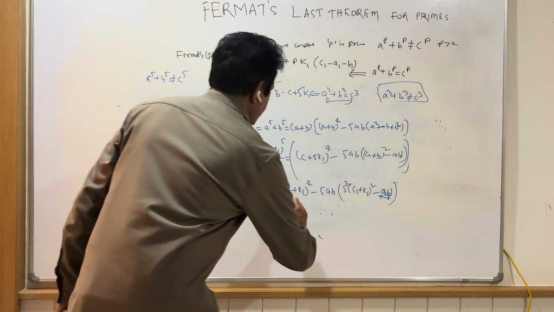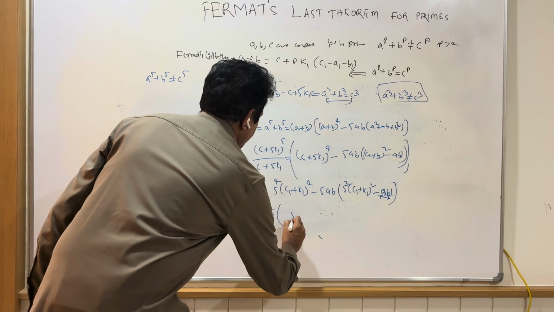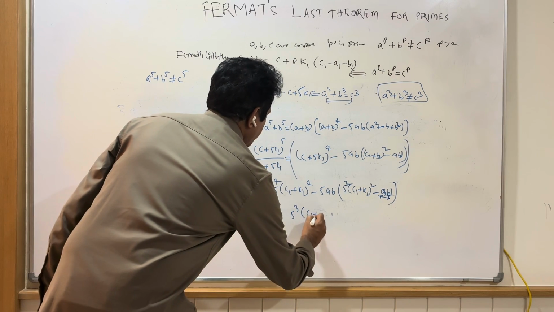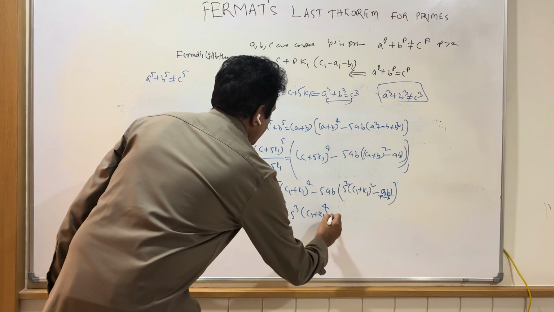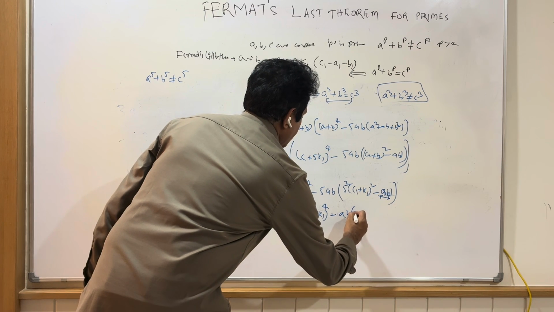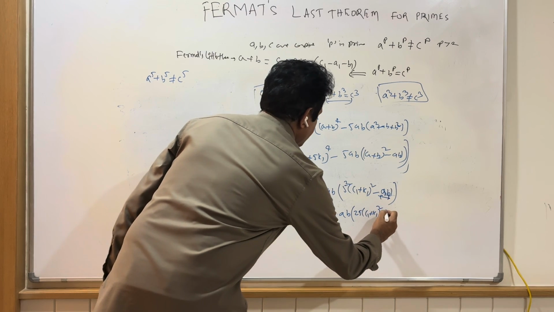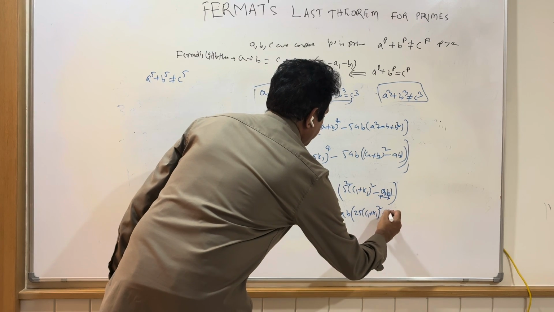So in this whole term, if I take 5 out, it will be 5 cube times c1 plus k1 power 4 minus ab, 25 c1 plus k1 whole square plus a square.